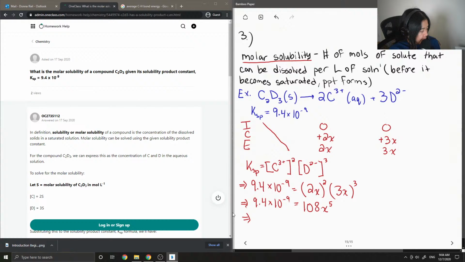Okay, so let's divide both sides by 108. And you should get 8.3 times 10 to the negative 11 is equal to x to the power of 5.